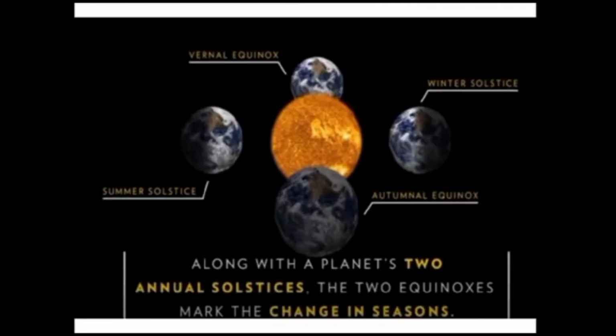Then, along with a planet's 2 annual solstices, the 2 equinoxes mark the change in seasons. How do seasons occur? The solstices and the equinoxes both are responsible for the forming of the seasons.